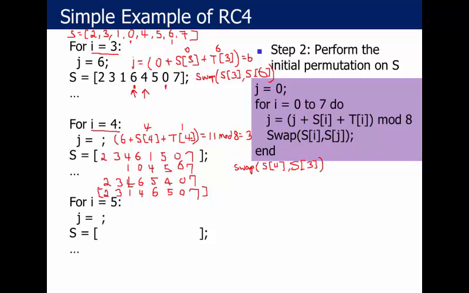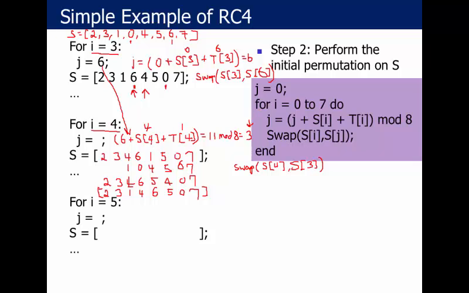Jay, come here. Did I miss any? First J is 6. That is the initial J. And then S of I is from that iteration.